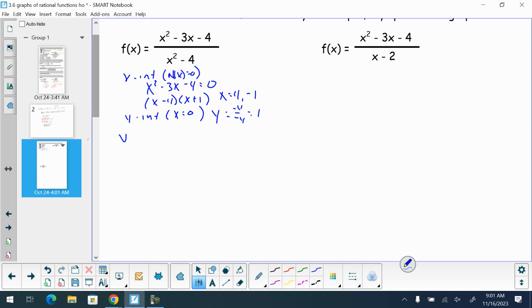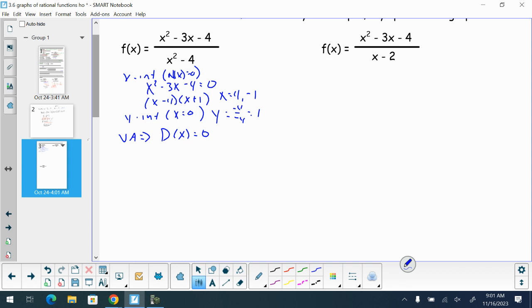Vertical asymptotes occur where your denominator is equal to 0. Because the vertical asymptotes are going to occur at the values you would have to eliminate from your domain. Okay, so the values you have to eliminate from your domain are where the vertical asymptotes occur. So you have your denominator equal to 0.